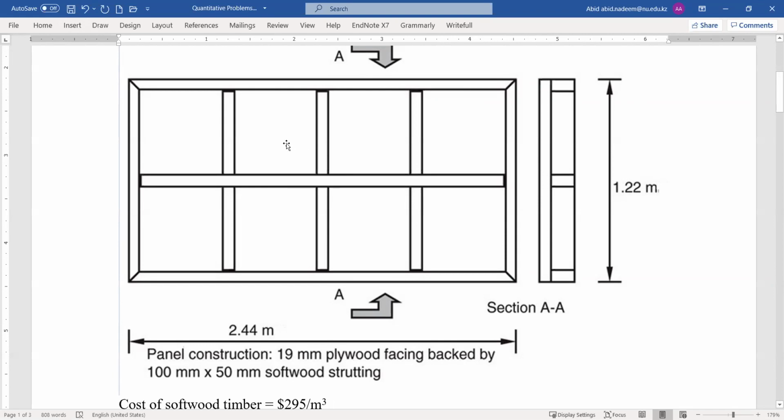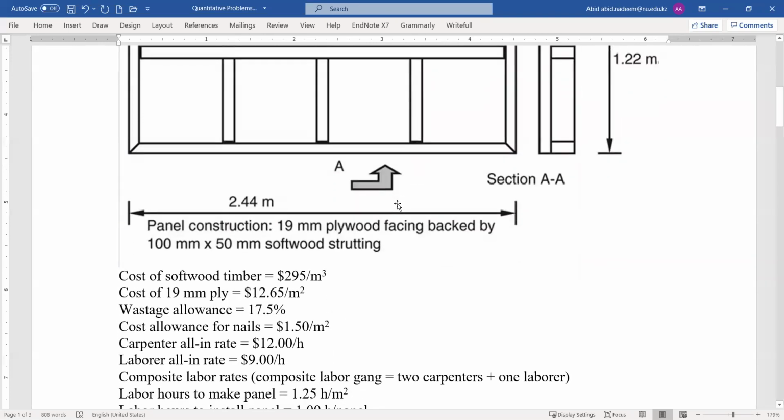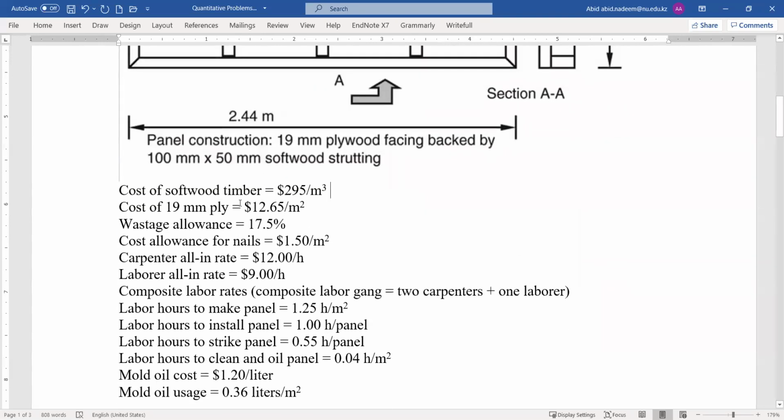So if you want to calculate the quantity of this material, you need to find the area plus the volume of those struts.